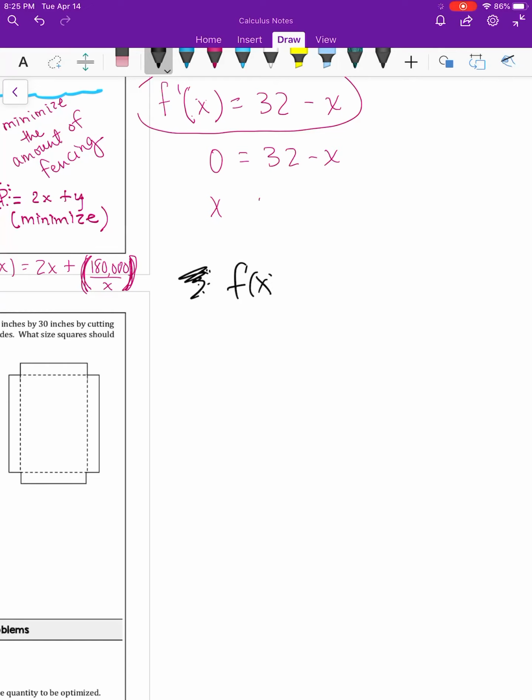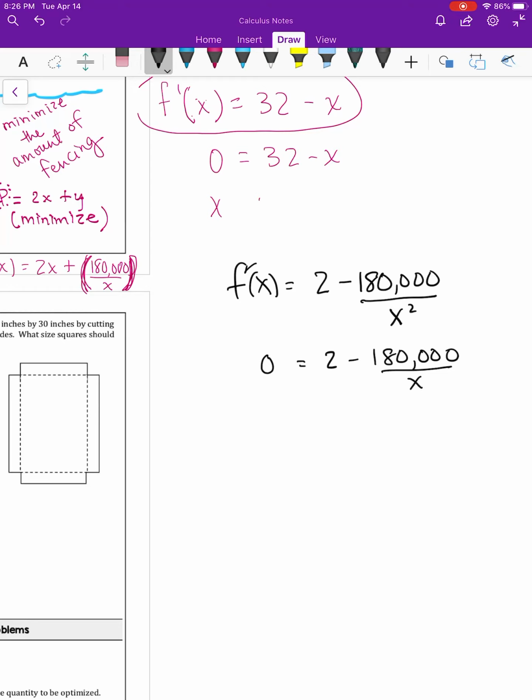All right. So now f prime of x is equal to 2 minus 180,000 over x squared. I hope everyone saw how I got that derivative. We set that equal to 0.